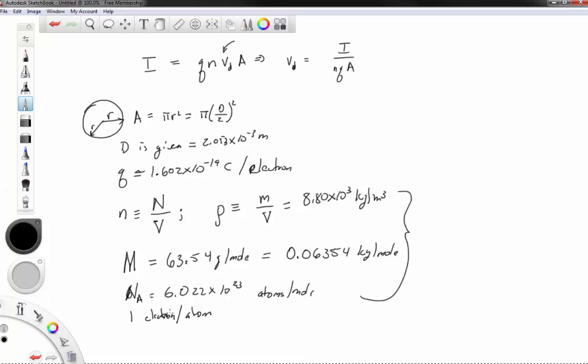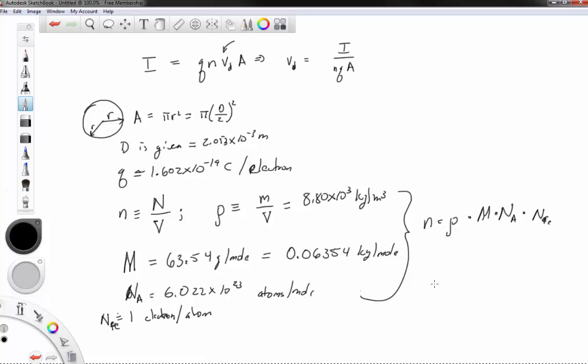So let's call this one n sub E for lack of a better word, or n sub FE, free electrons. So n is going to be rho times Avogadro's number times the number of free electrons, divided by M.